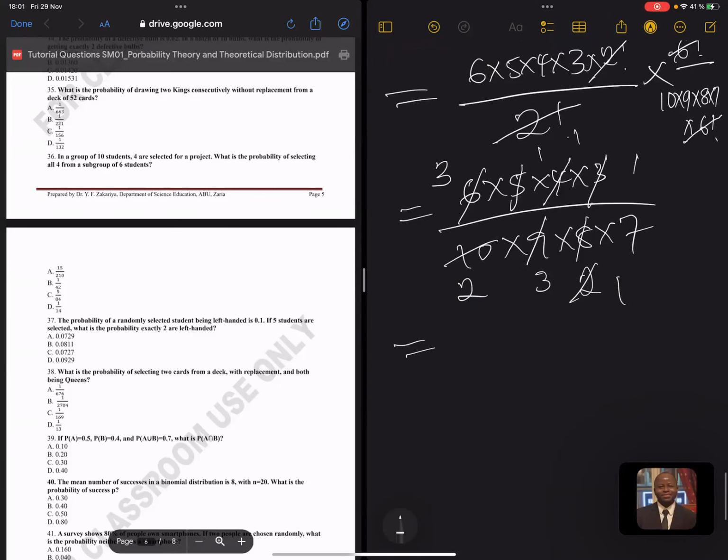And I think we are done. 3 times 1 times 1 times 1. Maybe something is mistaken somewhere, but this is how you go. Then 2 times 3 times 7. 2 times 3, that is 6. Then 6 times 7 will give you 42.